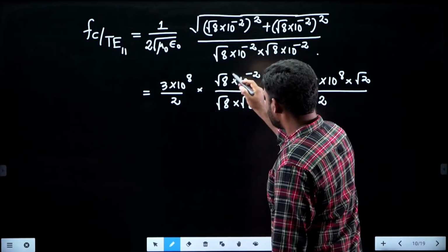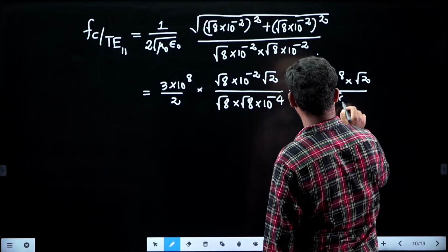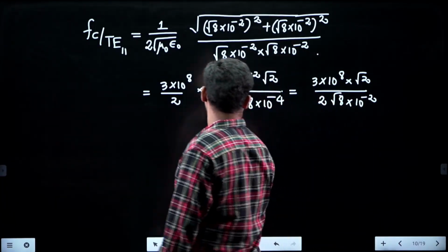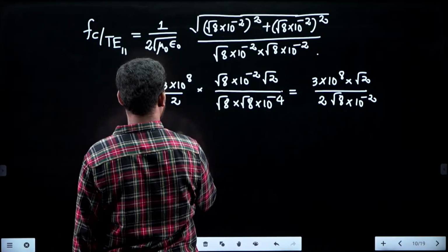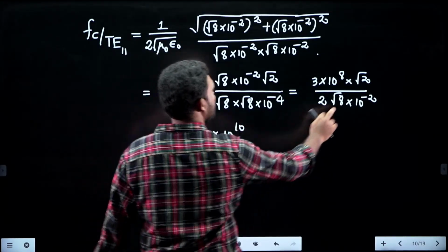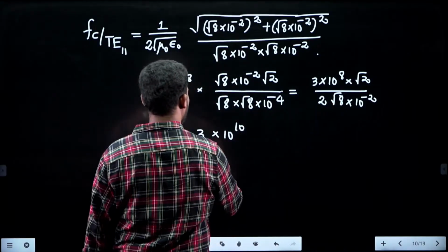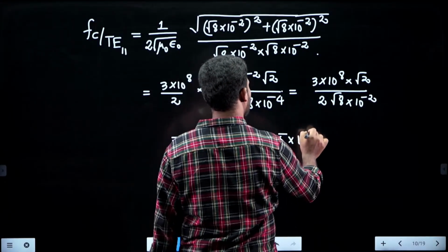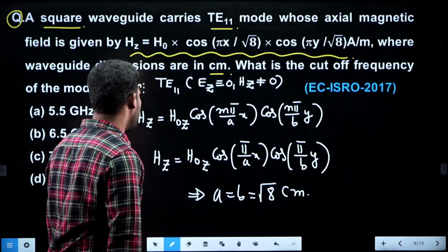Yes, this root and root will go, this is root 8 into 10 to the power of minus 2. So this will become 3 into 10 to the power of 10. So root 4 is 2. So it is 1.5 into 10 to the power of 10. This can be written as 15 gigahertz.